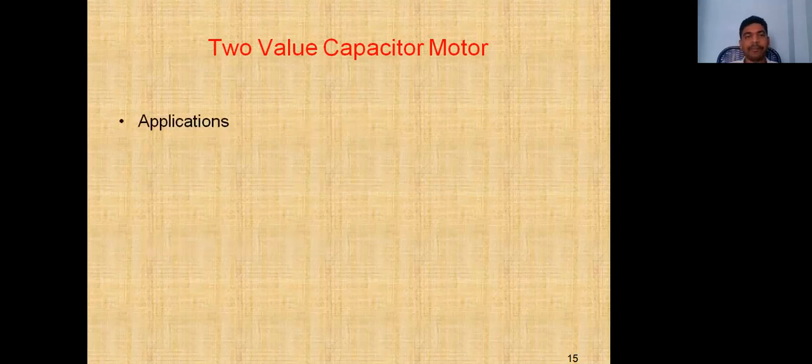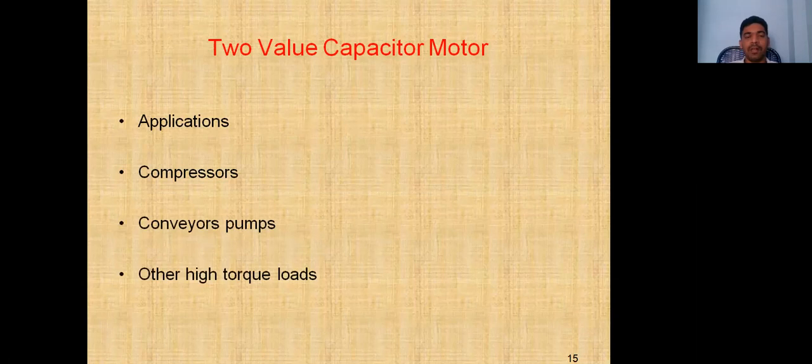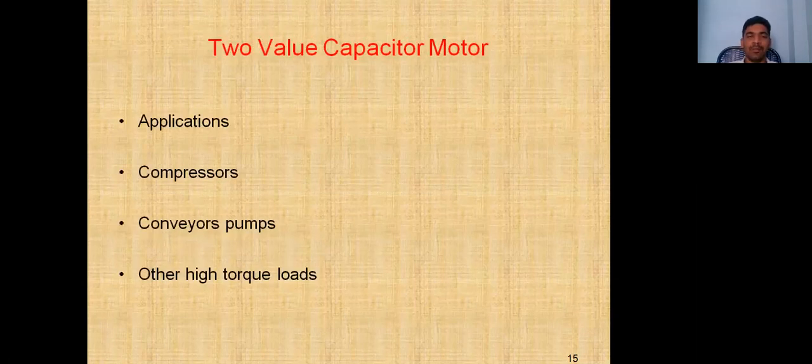Coming to the applications, it is used in compressors, conveyor pumps, and other high torque loads.